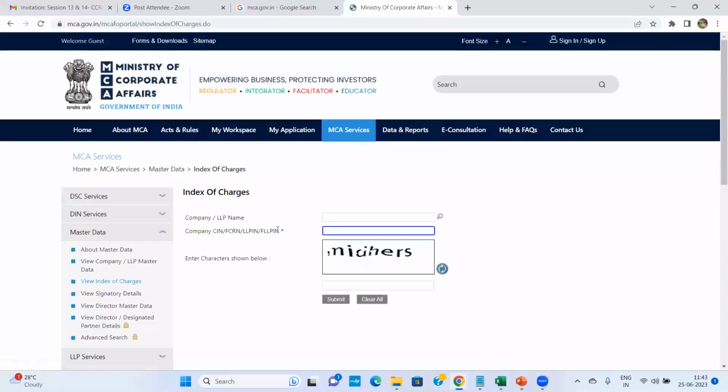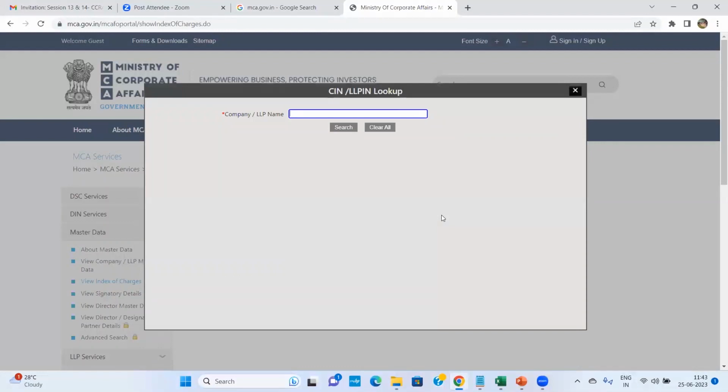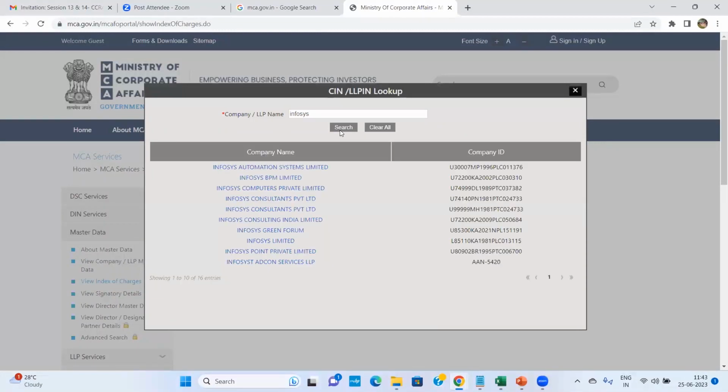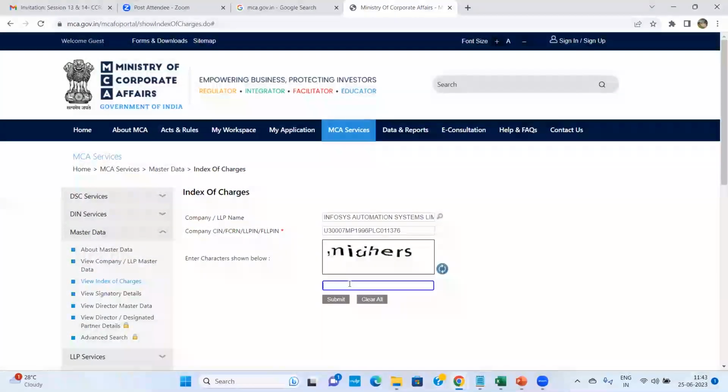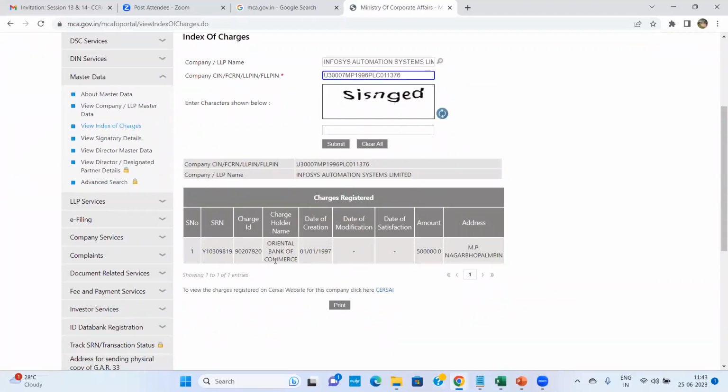Index of charges. Go to index of charges. Say I am giving the name of Infosys. Say Infosys Automation Systems Limited, right? There is a charge created from Oriental Bank of Commerce. The charge amount is 5 lakhs.